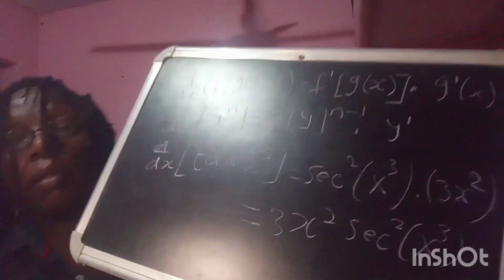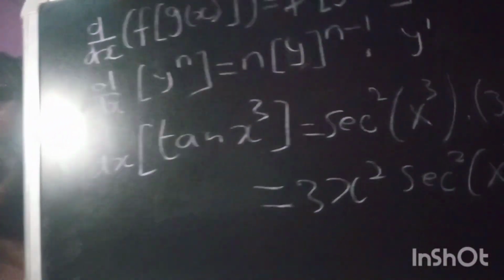Now this will give the solution, which is 3x squared secant squared x cubed.